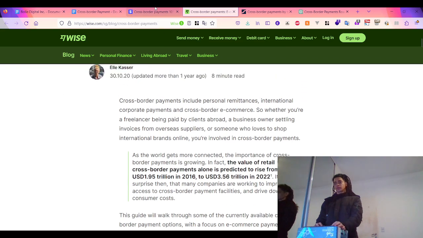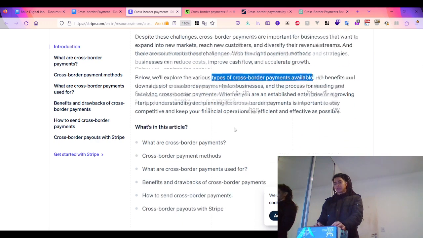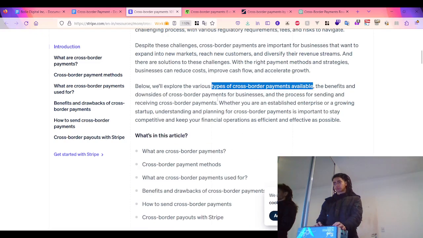So here we're going to explore the various types of cross-border payments available, the benefits and downsides of cross-border payment for businesses, and the process of sending and receiving cross-border payments.